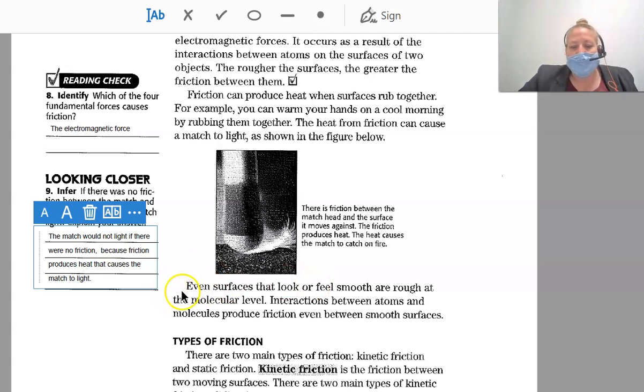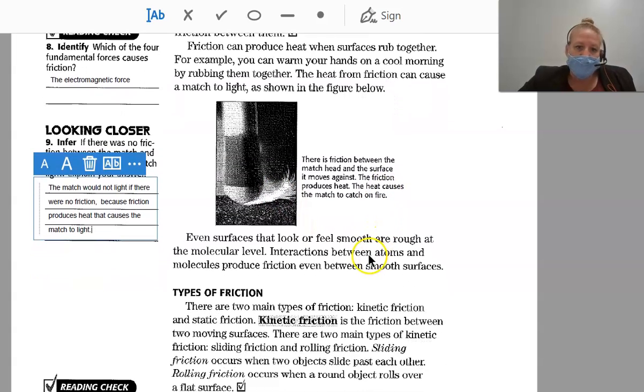Okay? There is friction between the match head and the surface it moves against. The friction produces heat. The heat causes the match to catch on fire. Even surfaces that look or feel smooth are rough at the molecular level. Interactions between atoms and molecules produce friction, even between smooth surfaces.